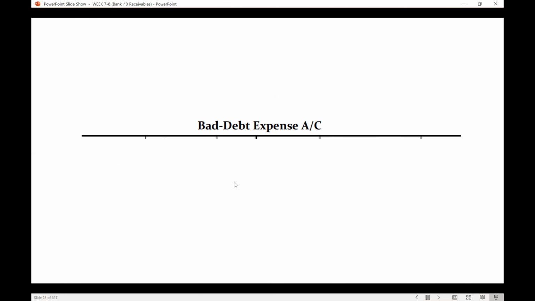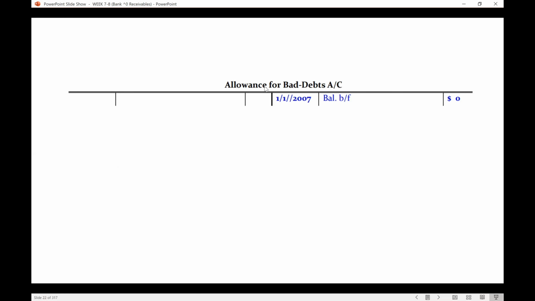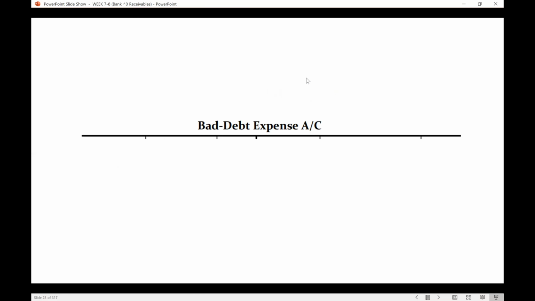So here we need not have a balance. The allowance for bad debt is not an expense account, so it's not closed out to your income summary. This goes to your balance sheet, right?